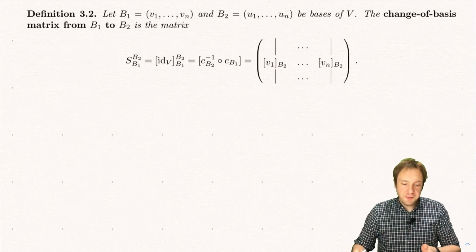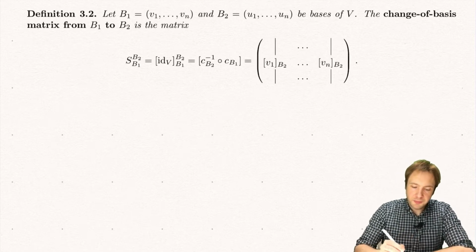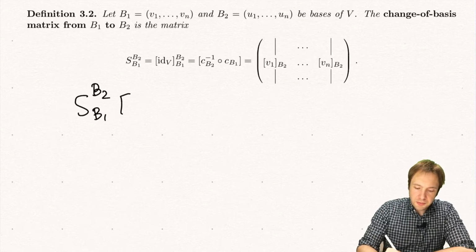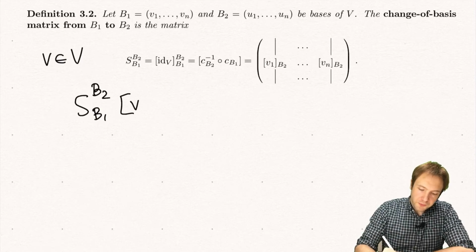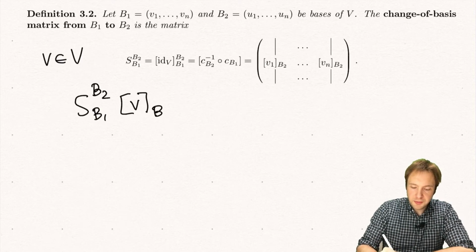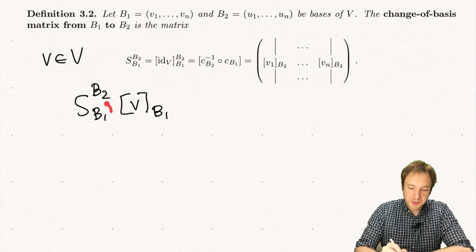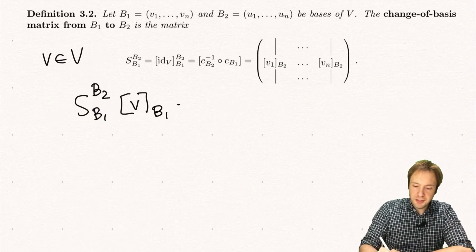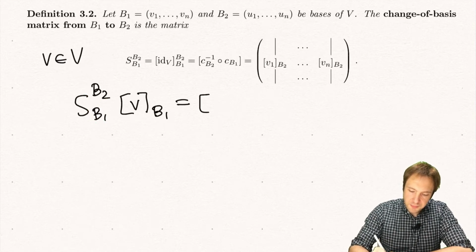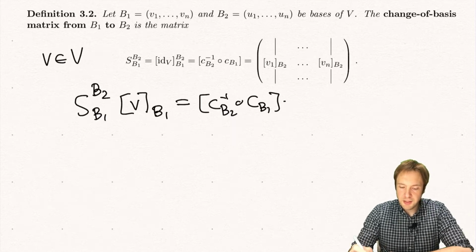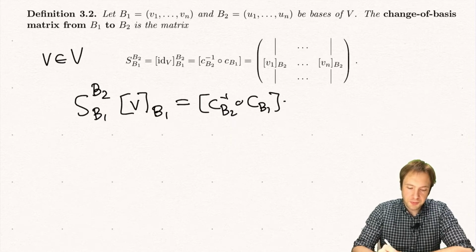And why is this a change of basis matrix? Because if I know this matrix, and let's take v to be some vector in V. If I know the coordinate vector of v with respect to the basis B1, and I multiply it with the change of basis matrix from B1 to B2, well, what I get, if you use the definition here, is C_B2 inverse times C_B1. What was the coordinate vector here?